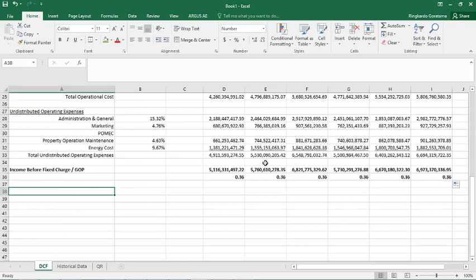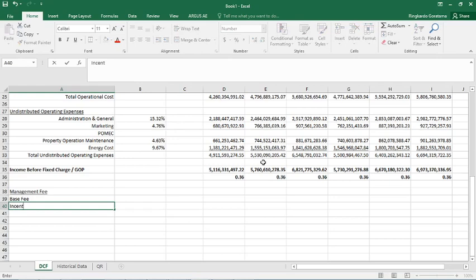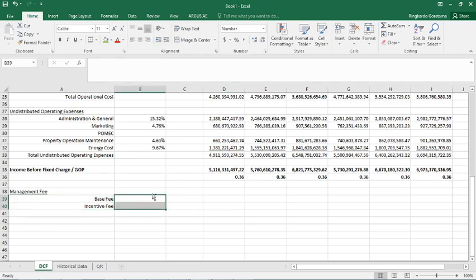And for the other expense, we will put the management fee. You see there will be a base fee and incentive fee. The percentage for the base fee is, let's say, 3%, and the incentive fee is 10%.